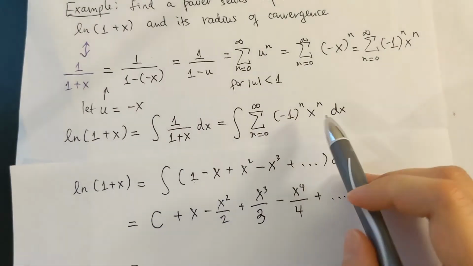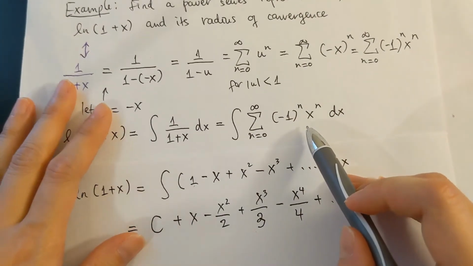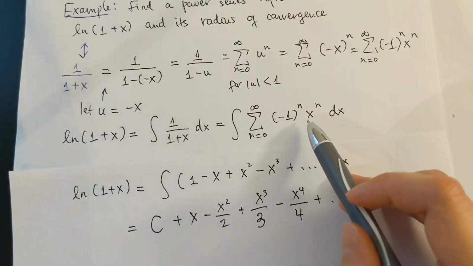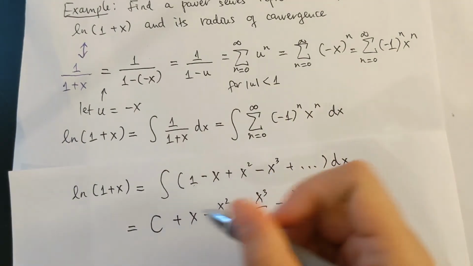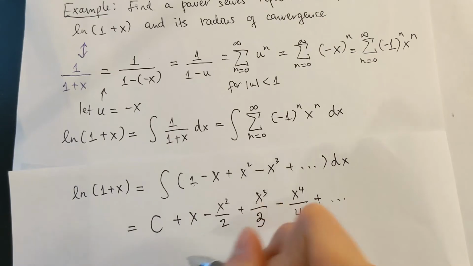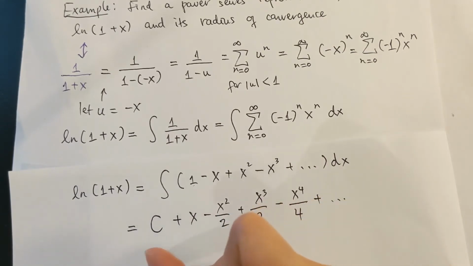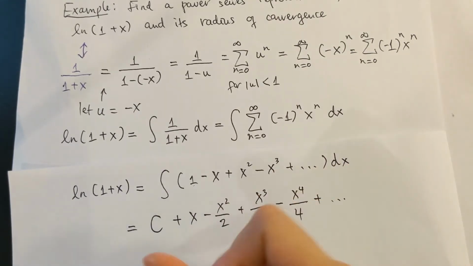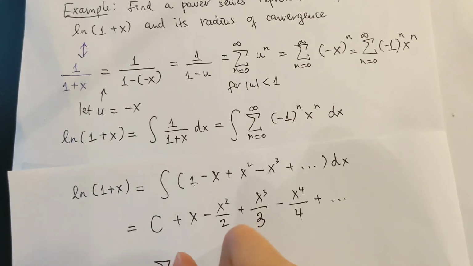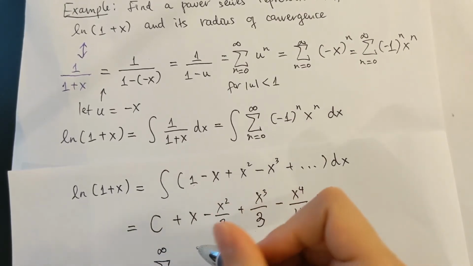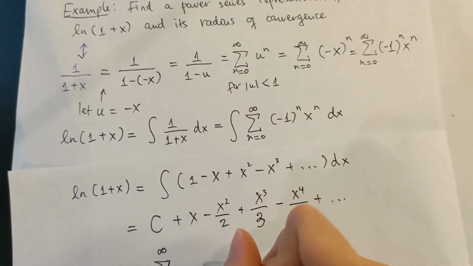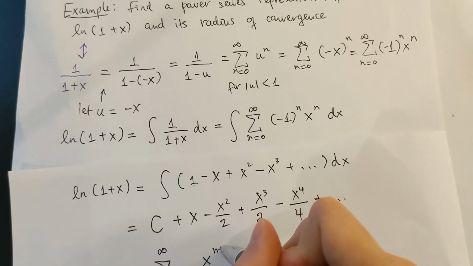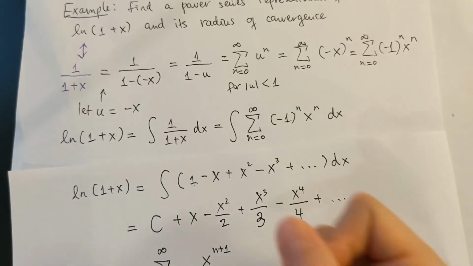You can also just integrate or find the antiderivative for the general term. So this is the sum of, so I have to add 1 to the power, right?